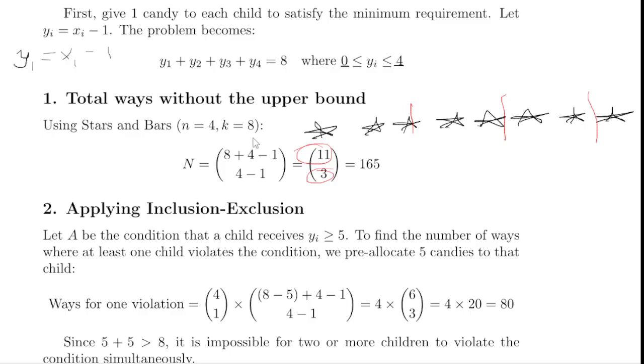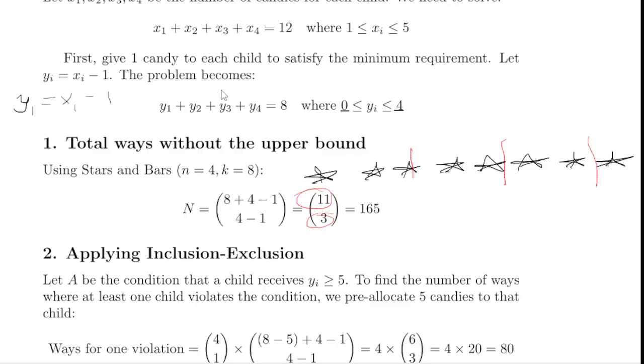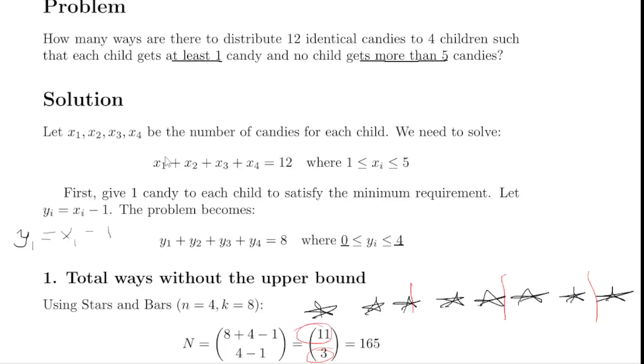Well, if we look at this equation right here, actually let's go up here. After each person gets a candy, we get down to here. And then if I let a kid have, let's say 5, the first guy gets 5, and the second person gets 5, 5 plus 5 is 10. That's already bigger than 8. So that can't work.